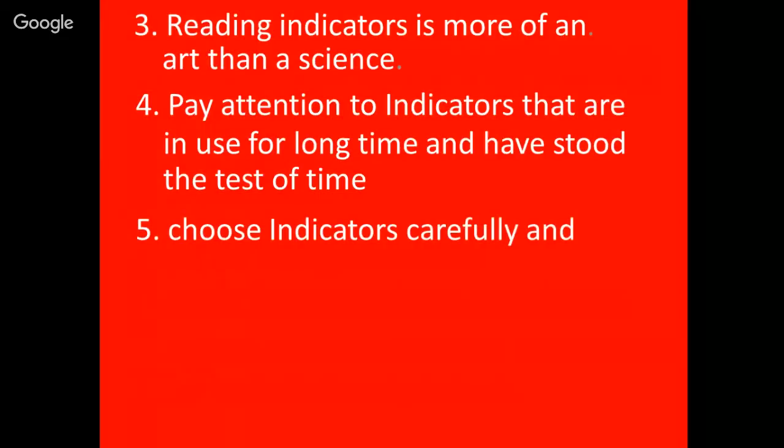The fifth tip for technical indicators is to choose indicators carefully and moderately. Attempts to cover more than 5 indicators at a time are usually futile.